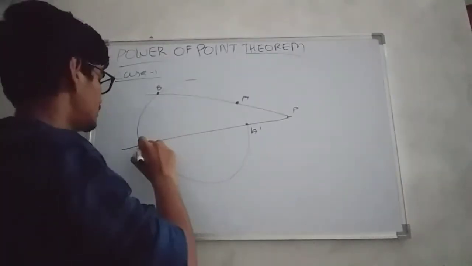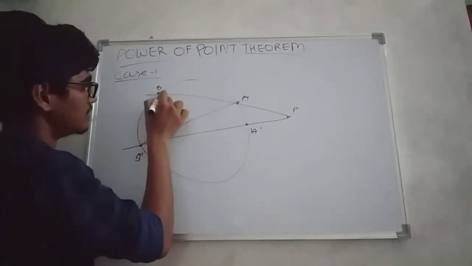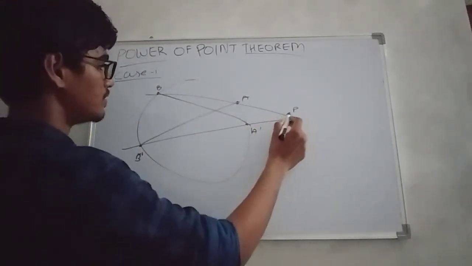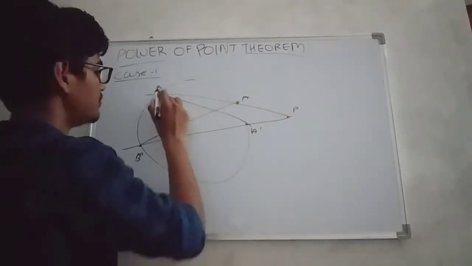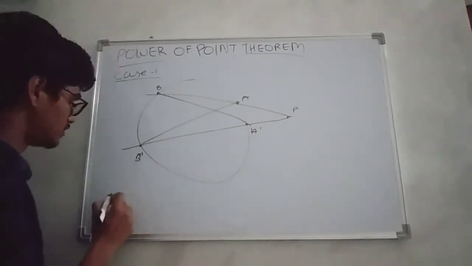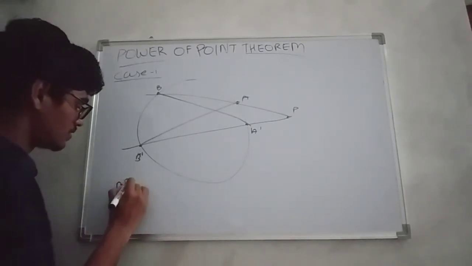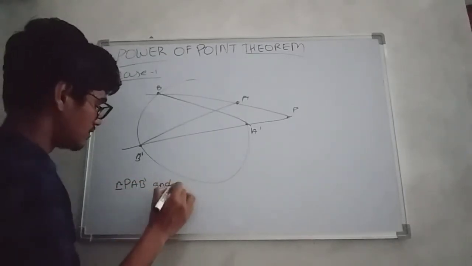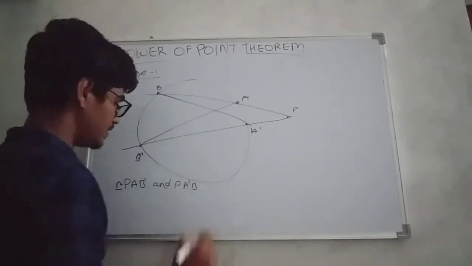Join the two points A B dash and B A dash. Now we get two triangles, P A B dash and P A dash B.